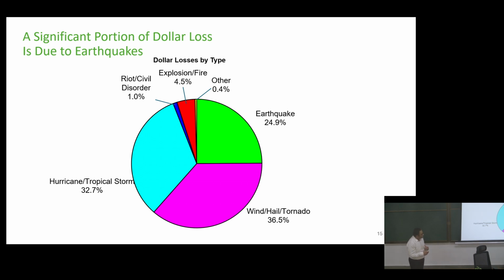And just in the US over the years, typically earthquakes are at 25% of the total number of dollars lost in different hazards. Wind is a big one, especially in the US. There are hurricanes, there are tornadoes, there's a lot of damage in that area, so the rest of all is wind.